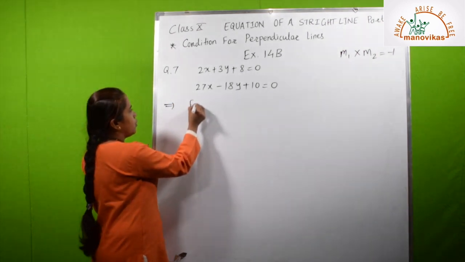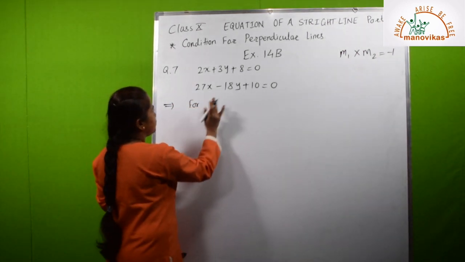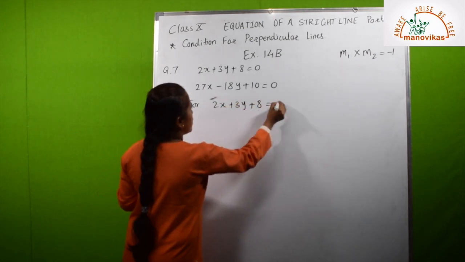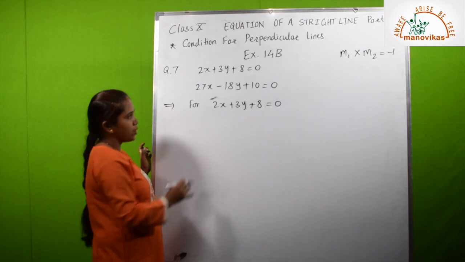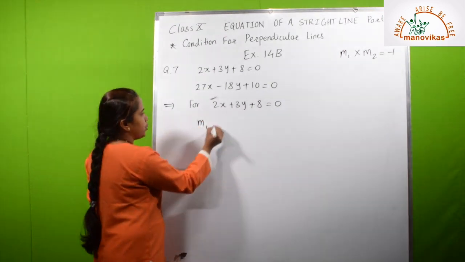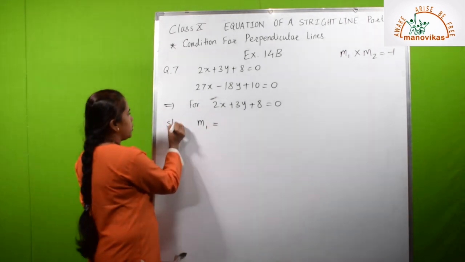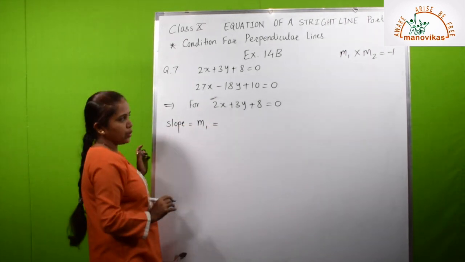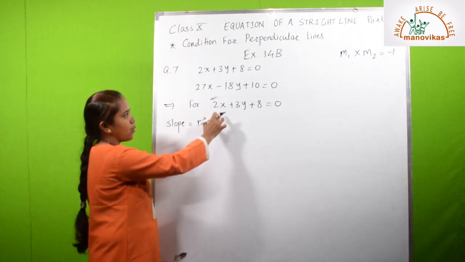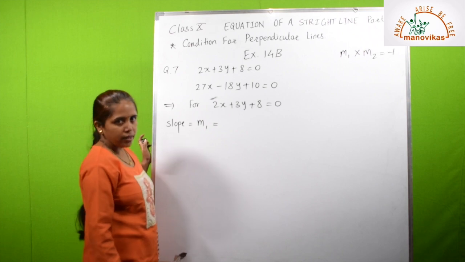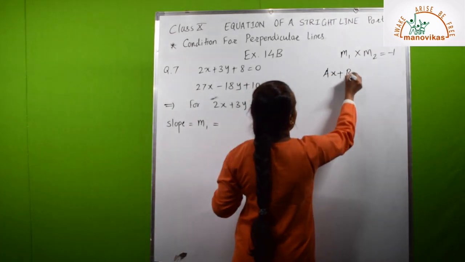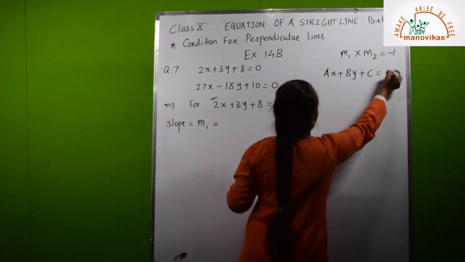Now for 2x plus 3y plus 8 is equal to 0, this is the first equation. For this equation, what will be the slope value? You know slope m1 is equal to... Already you know how to find the slope when the equation is in the form of ax plus by plus c is equal to 0.